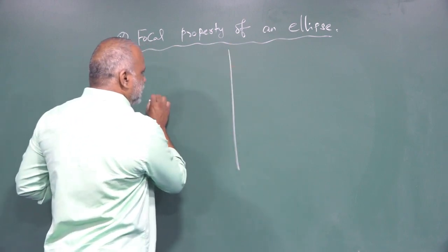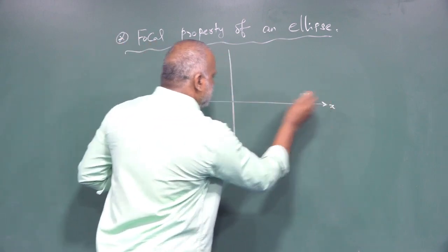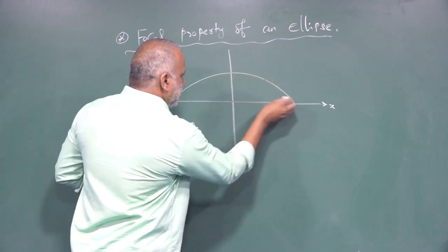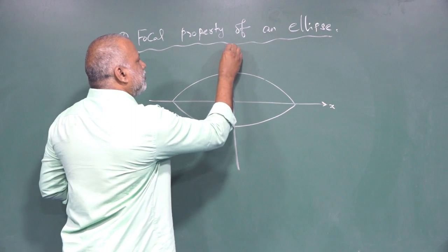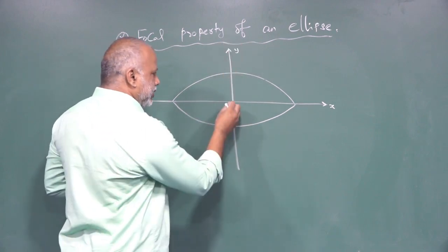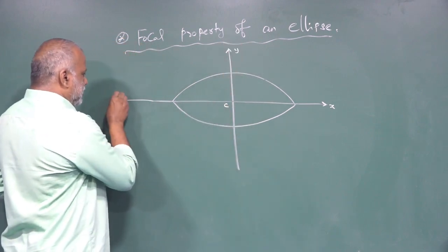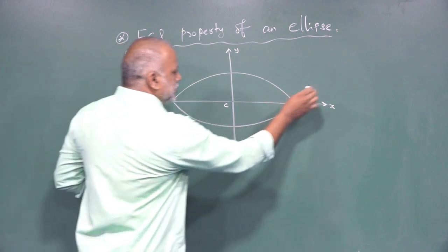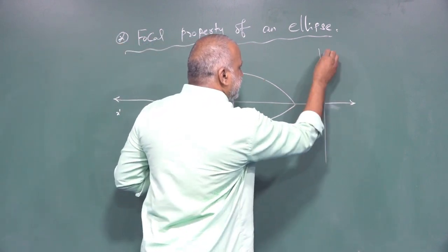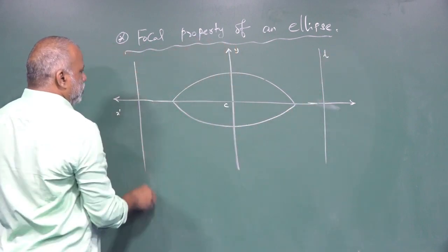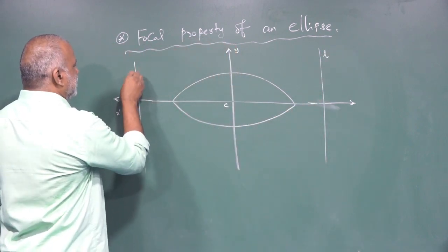See here. Just now I am explaining. Take type number 1 for the proof. It is the x-axis, y-axis, center, say x dash. This is directrix L. This is one more directrix L dash.